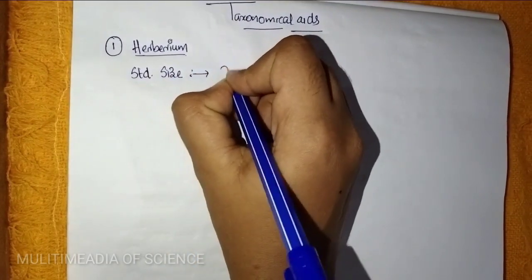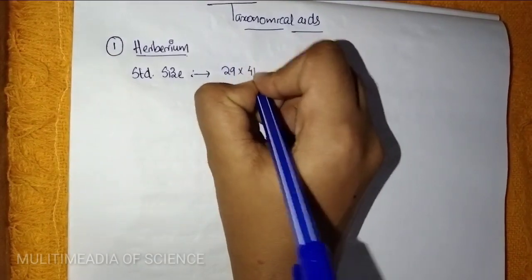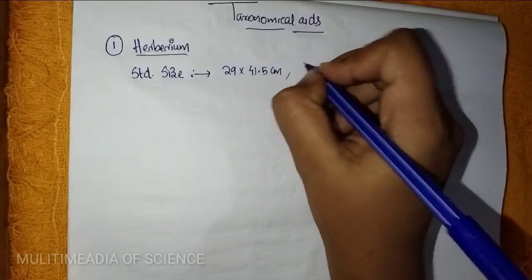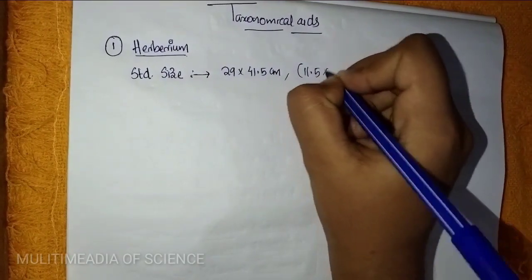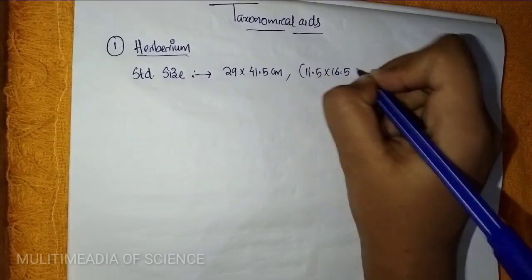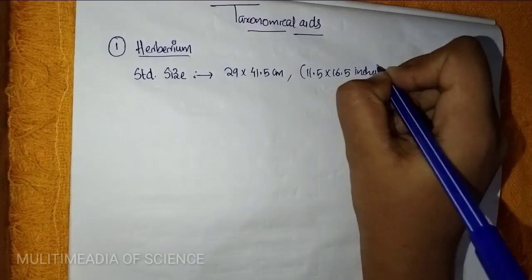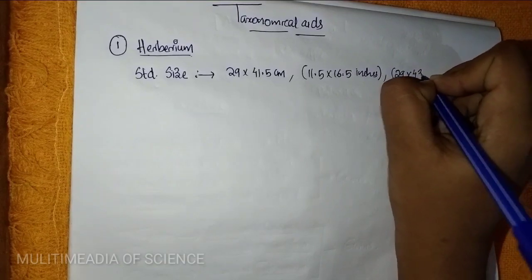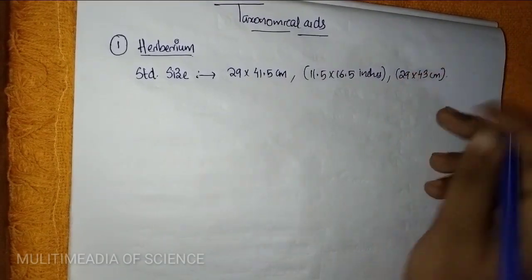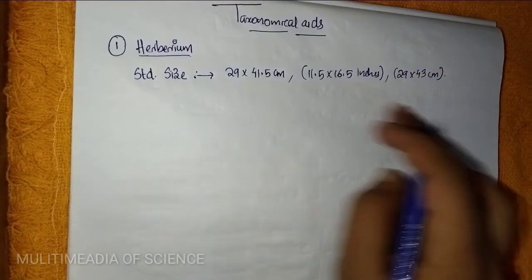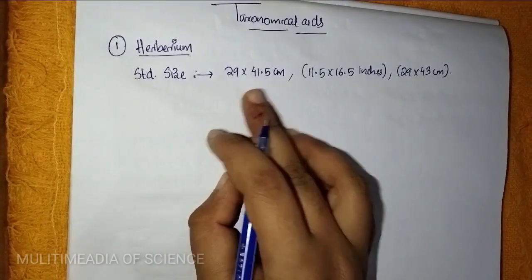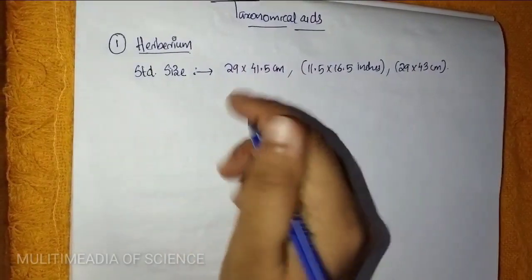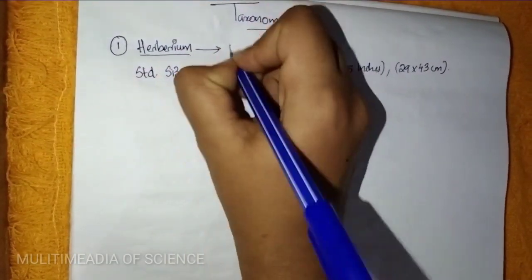It is 29 into 41.5 centimeters, or in inches it is 11.5 into 16.5 inches, and then 29 into 43 centimeters. Clear?